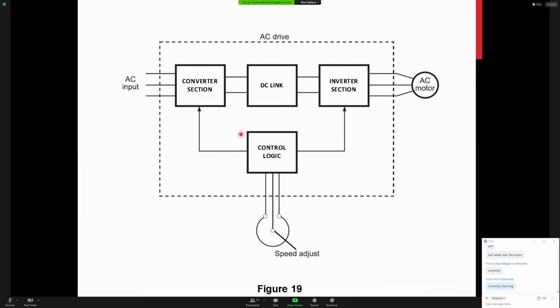But essentially, we have a computer that is monitoring the rectifier, controlling the inverter section to control the voltage and the frequency on the output, to control both the speed and the torque characteristics of the motor. It is also monitoring the DC link section inadvertently through these two.